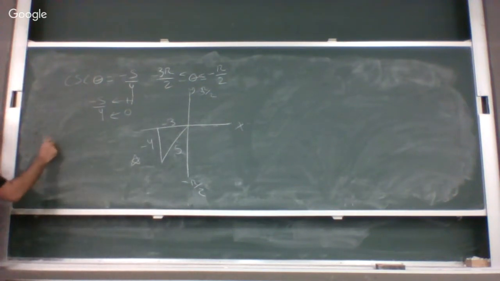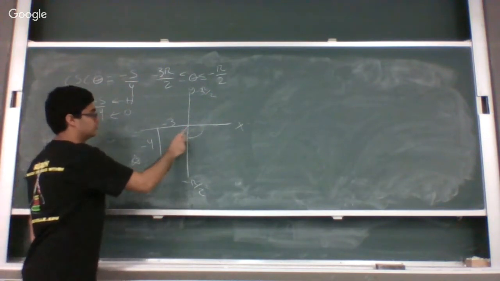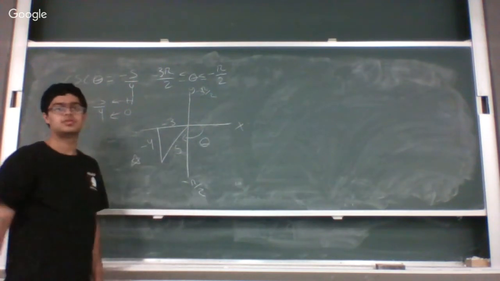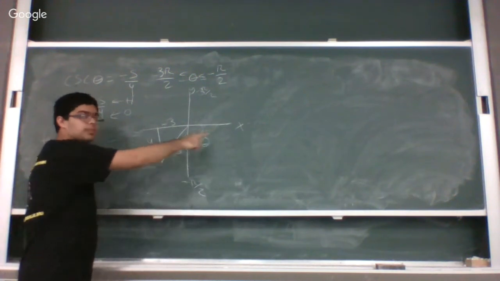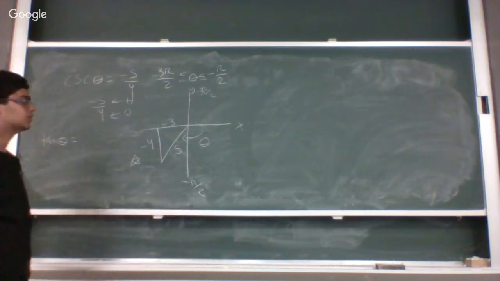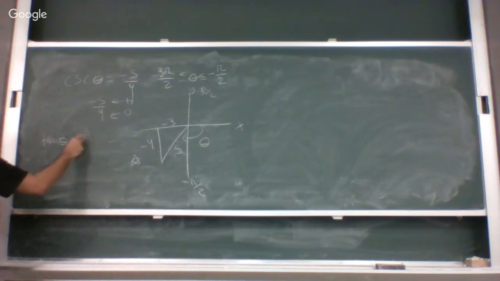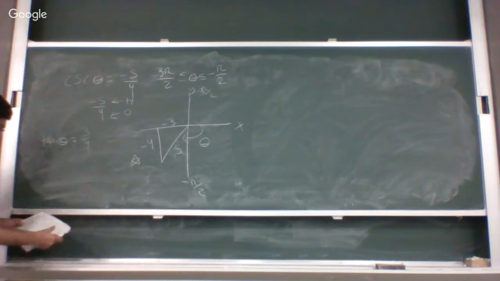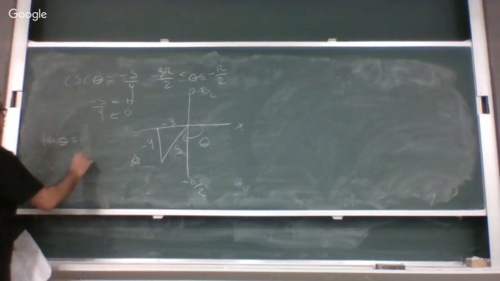So tangent of theta is what? 3 fourths. We have to label theta though. Theta always goes from the positive x-axis to the terminal side. I forgot to mark theta. Tangent of theta is +4/3.